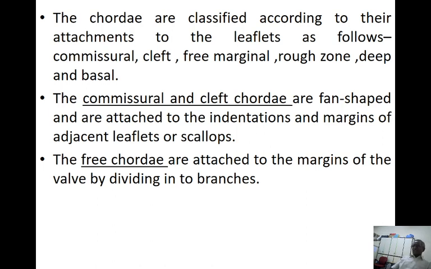The free chordae are attached to the free margins of the valve by dividing into branches.